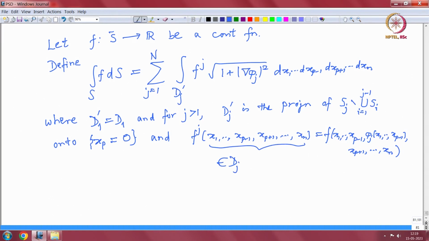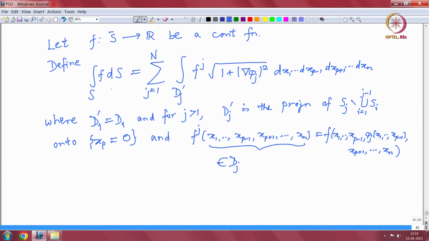Okay. And of course now the task is to verify that the definition is independent of the choice of the simple pieces. So whatever the given surface is, a union of those simple surfaces, this integral is independent of that. That's one thing one has to do. Okay. So that's left as an exercise.